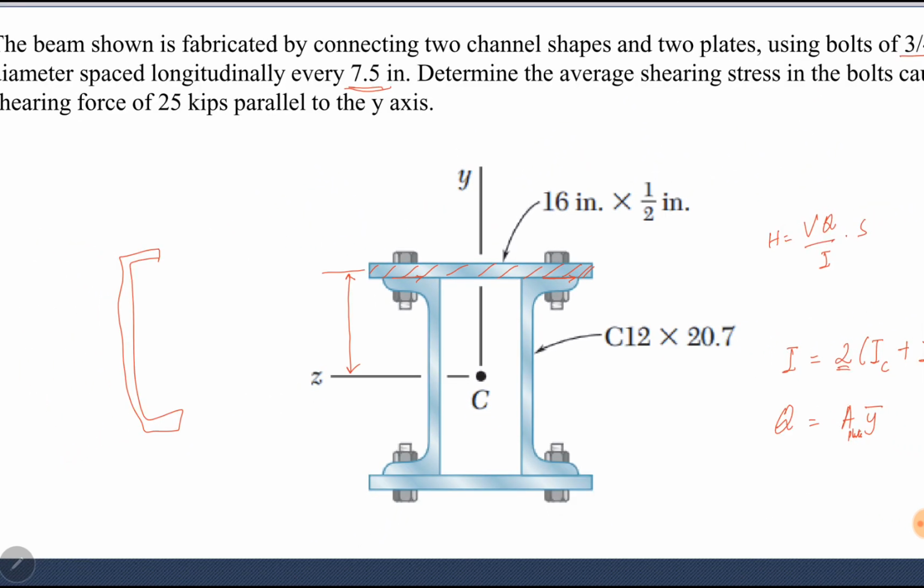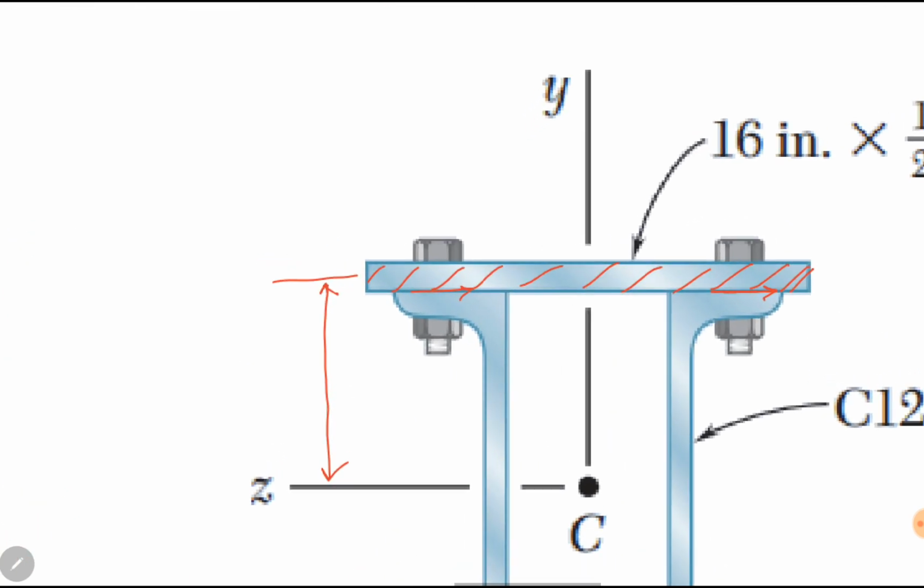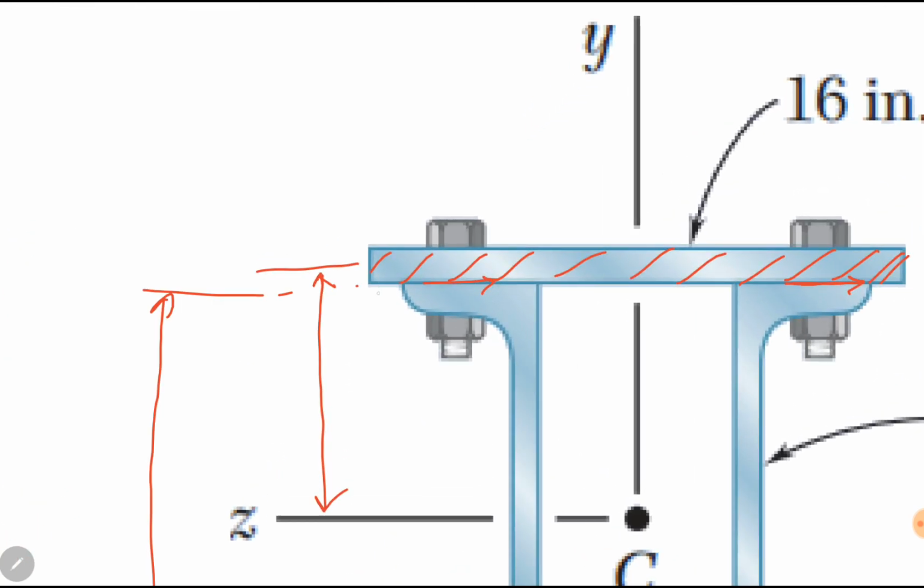C12 means the height of the C section is 12 inches. This total height of the C section is 12 inches, so half of it is 6 inches. So this distance is 6 inches.